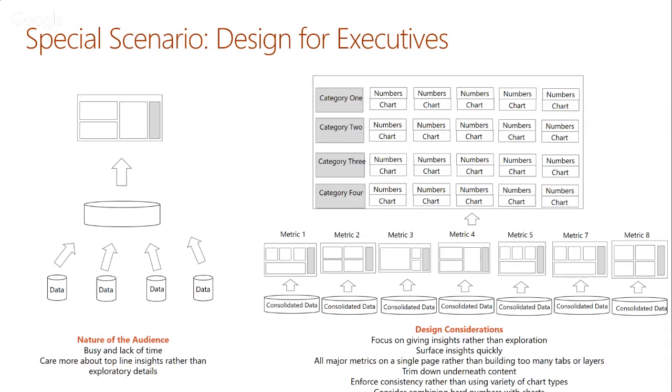So if you are producing for executives, take the time to clean up your underlying data. Always think another step further. If I'm an executive and I see the top metrics, what do I want to know next? If I bother to click on this tile, what relevant information should I find?